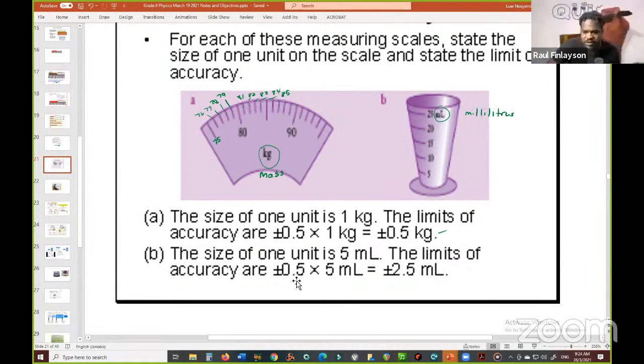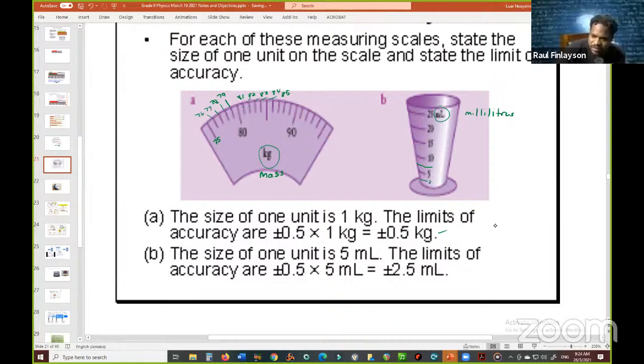The limits of the accuracy are 0.5 times 5 milliliters, that's 2.5. So what they are saying is if it goes halfway in between, you could say that this is 2.5 and then this would be 7.5. And then you keep adding 2.5 exactly between each of them.